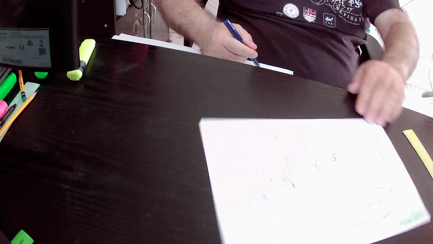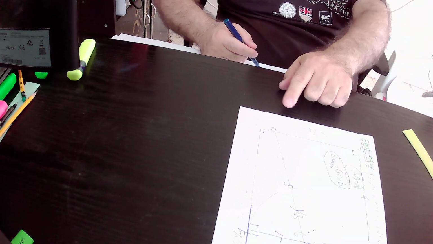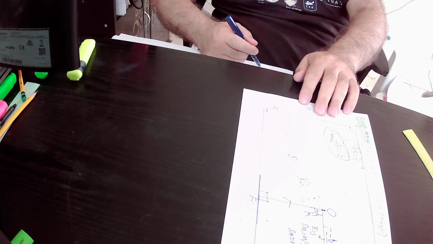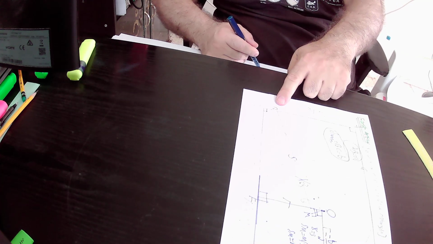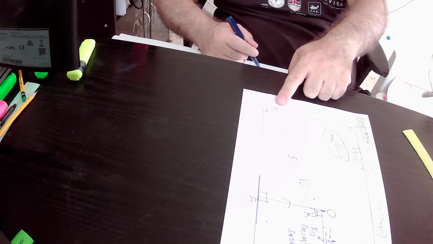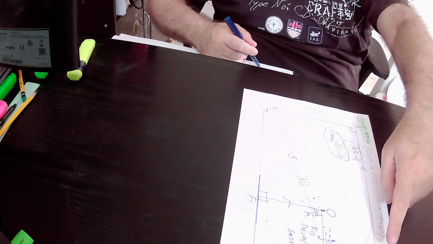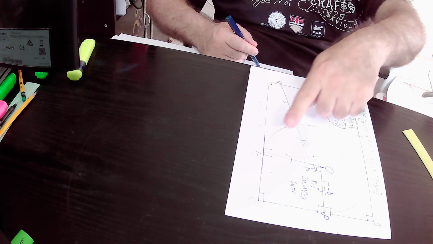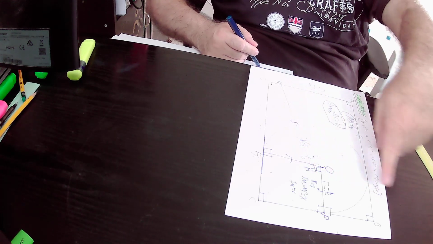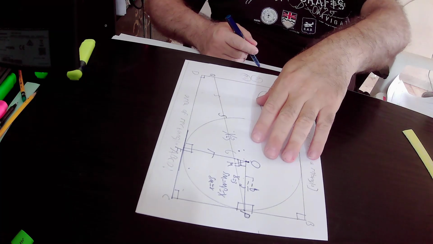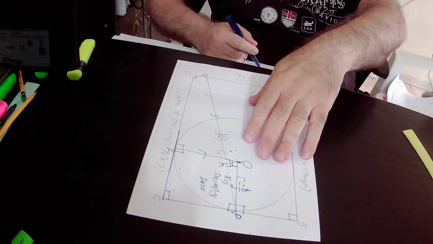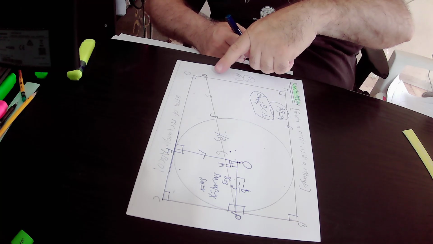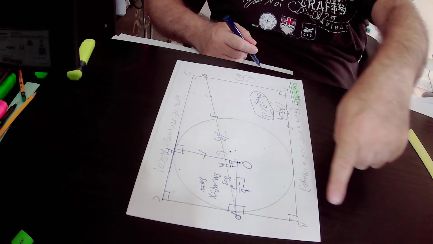In the next step, from point Q, we'll draw a perpendicular on BC. Repeat again, from point Q, we'll draw a perpendicular on BC.